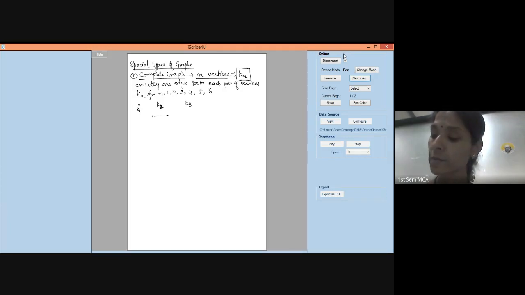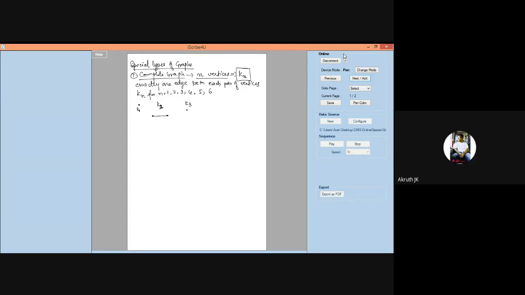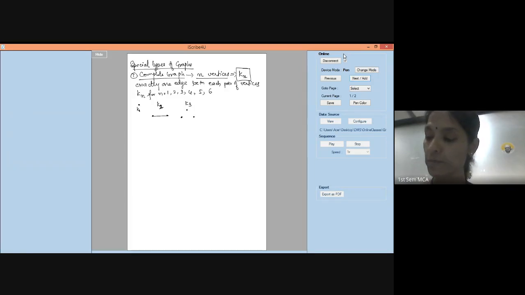Next, let me take up K3. K3 will have 3 vertices because the value of n is 3. And it is called a complete graph when there is an edge between every pair of vertices. So I will draw like this, like this, like this. This is a complete graph for K3.